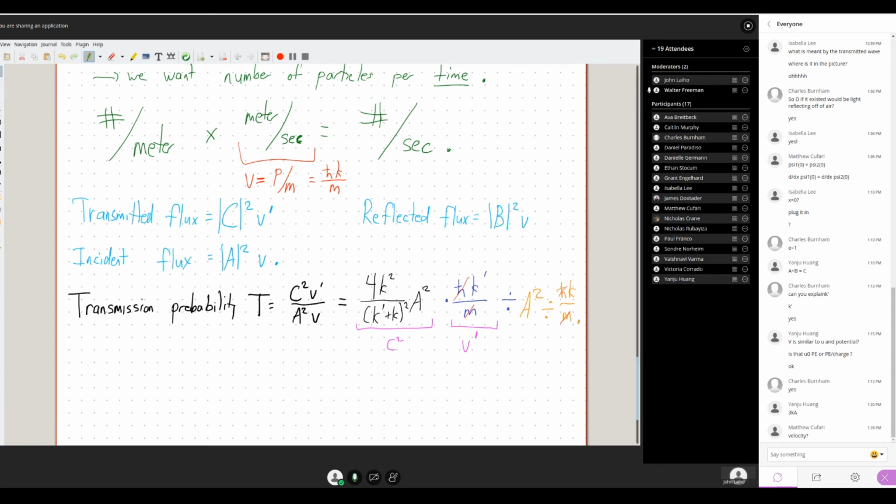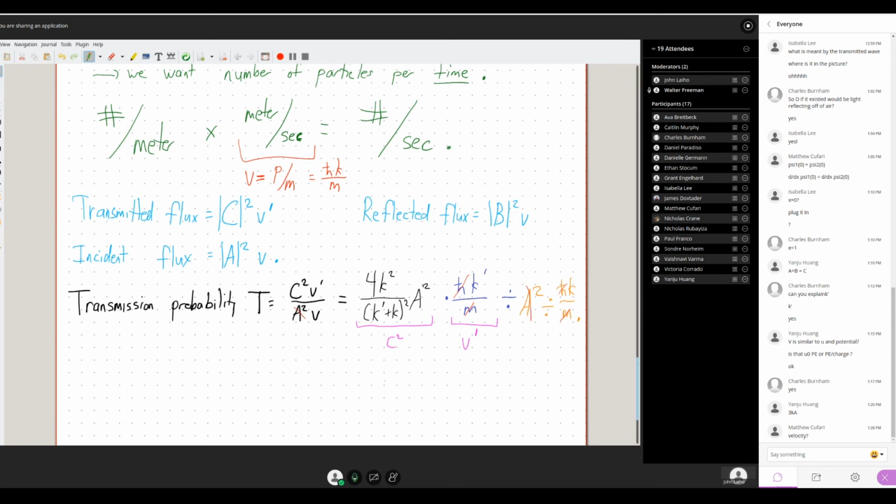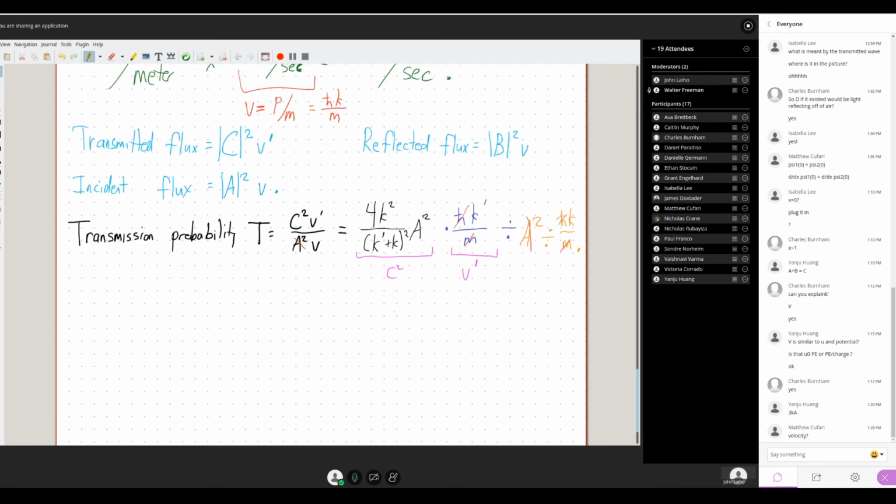Those things go away, and the a squared cancels this a squared. So T here, the transmission probability, is then 4k squared all divided by k prime plus k squared.